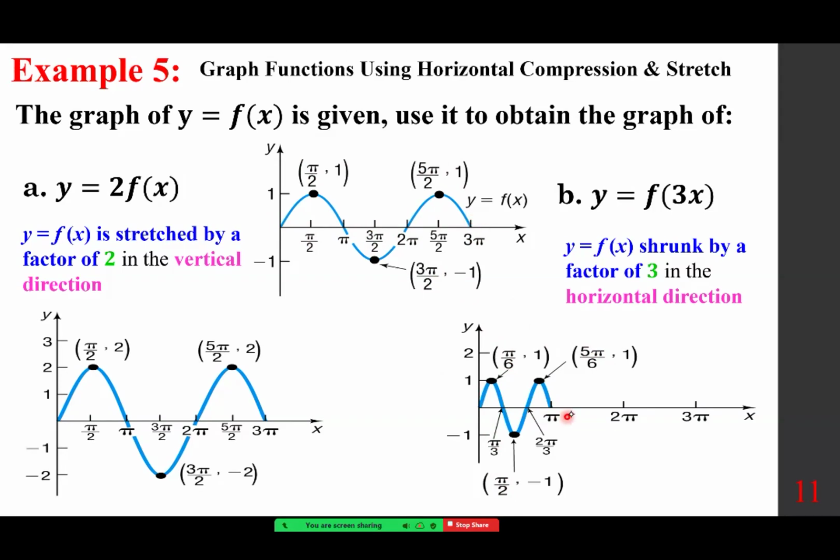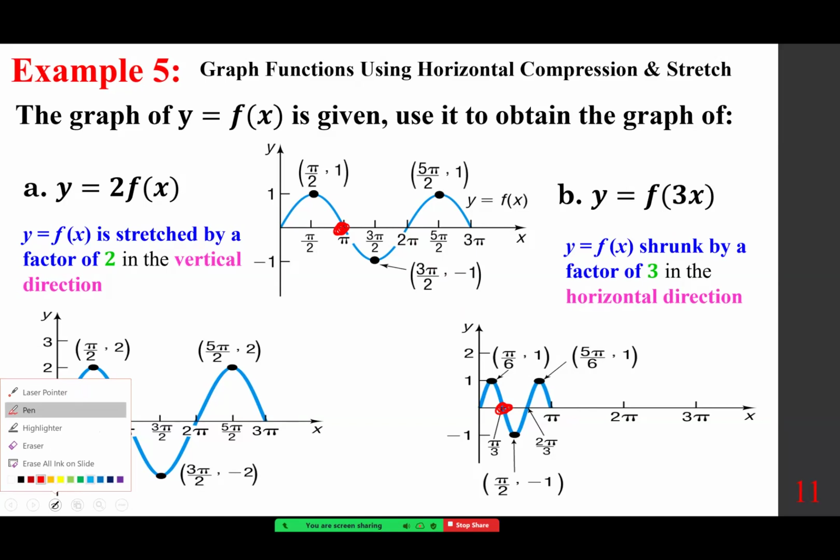Starting with the last one, 3 pi divided by 3 gives you pi. 2 pi divided by 3, if you look at this one, it's pi over 3. If you look at this one, 2 pi over 3.